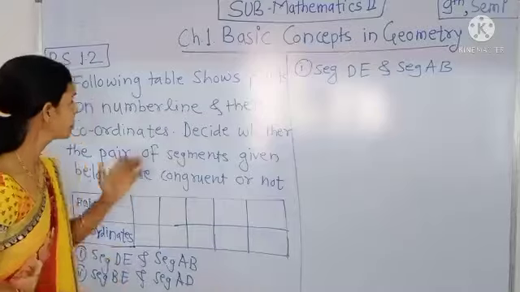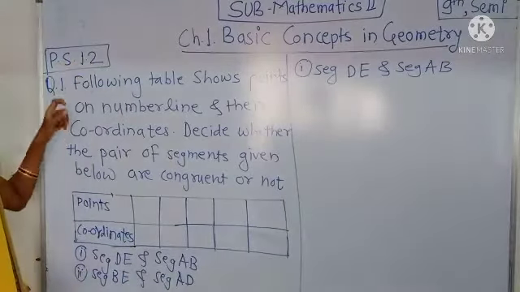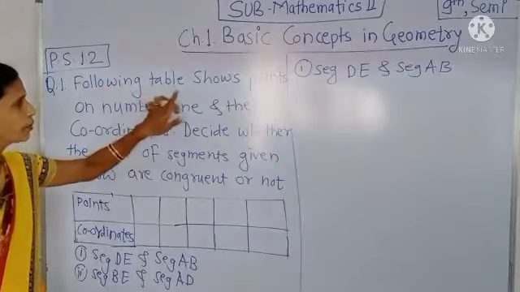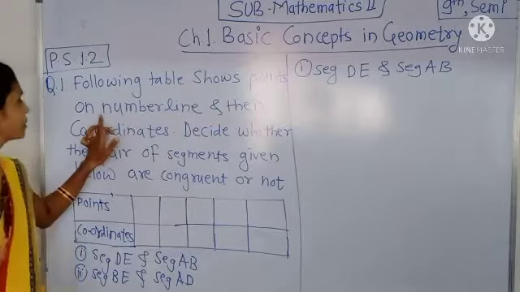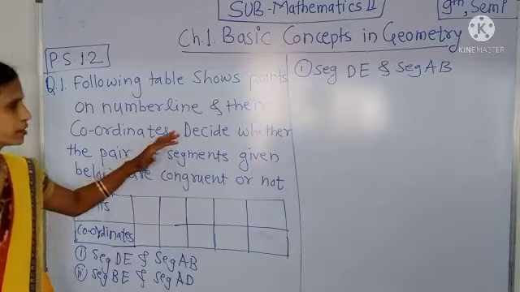First of all, from practice set 1.2, question number 1 is given here. The following table shows points on a number line and their coordinates.